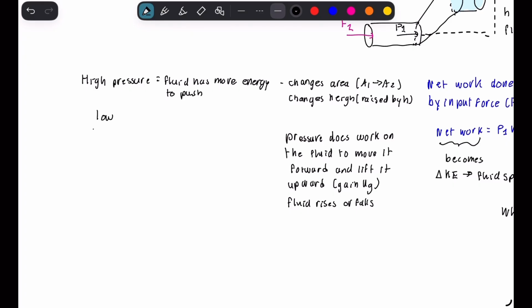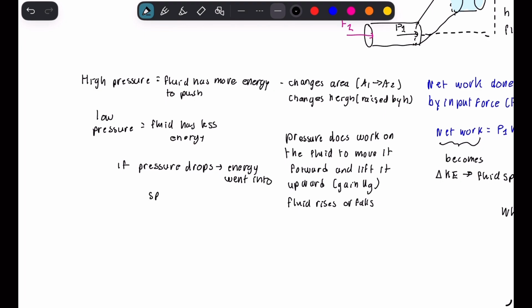And when you have low pressure, that means that the fluid has less energy. And if pressure ever drops, energy went into either speeding up the fluid or lifting the fluid.